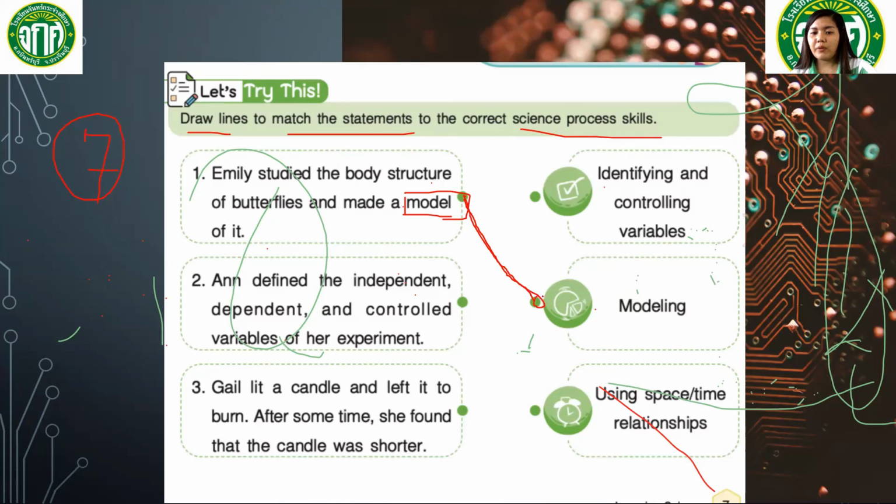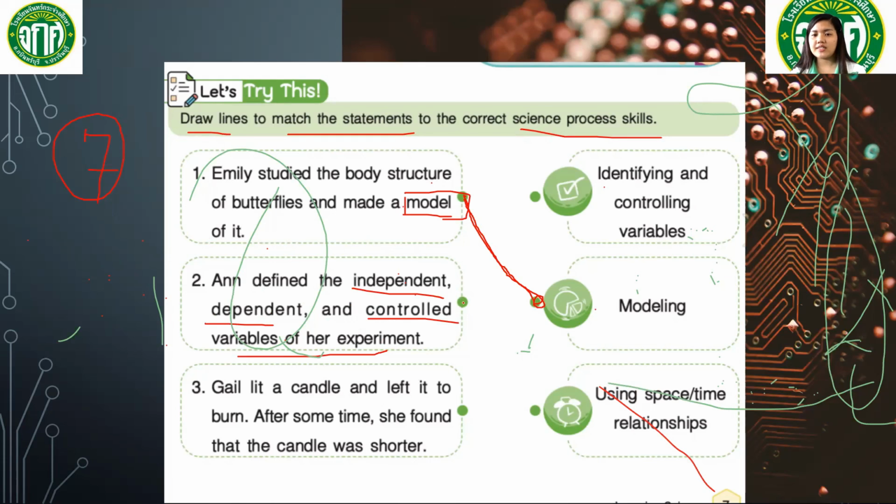This is modeling. Okay, next, let's move on to number 2. Anne defined the independent, dependent, and controlled variables of her experiment.